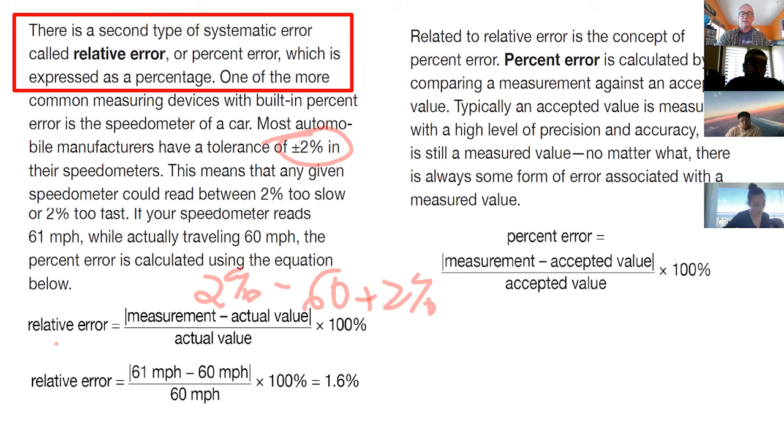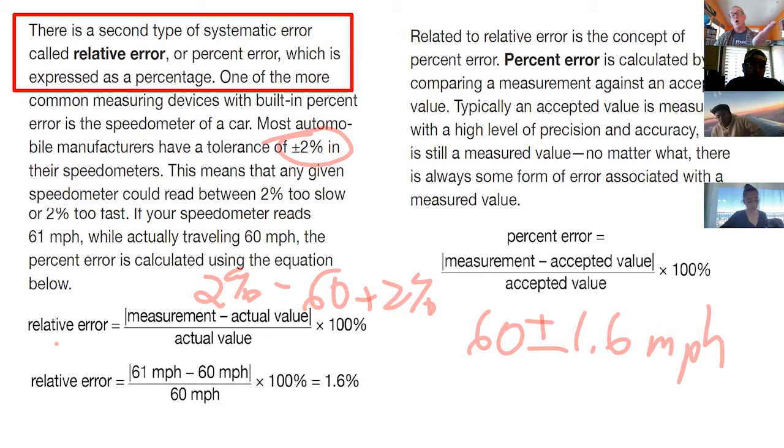So in other words, 60 plus or minus 1.2 miles per hour. If the speedometer says 60, you know that 99% of the time it is going to be accurate to within that range.